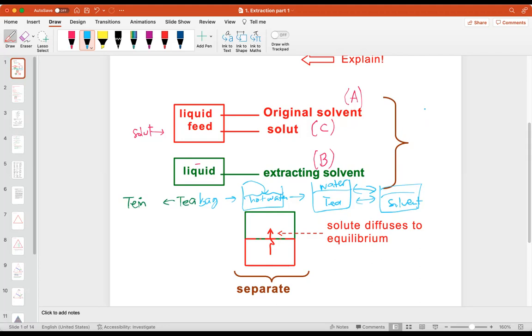I think in the lab there is a solvent extraction setup like this, with a valve in it. Here we add the tea and the water, so this is water and tea, and this is the solvent.